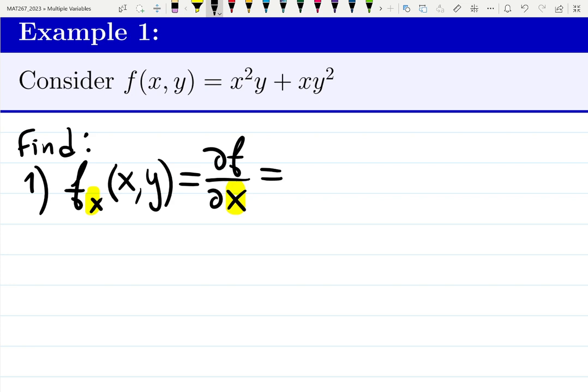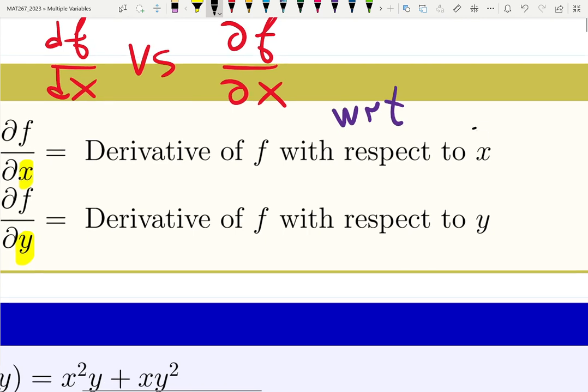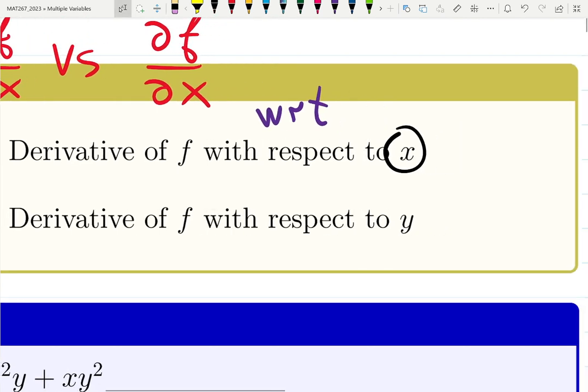Let's see why. When I'm differentiating with respect to x, I fix y to be constant. How cool is that? When you differentiate with respect to some variable, others are constants at that moment. And then you switch back.